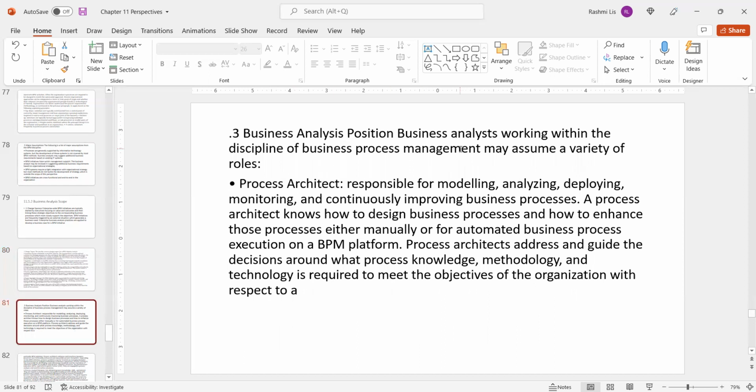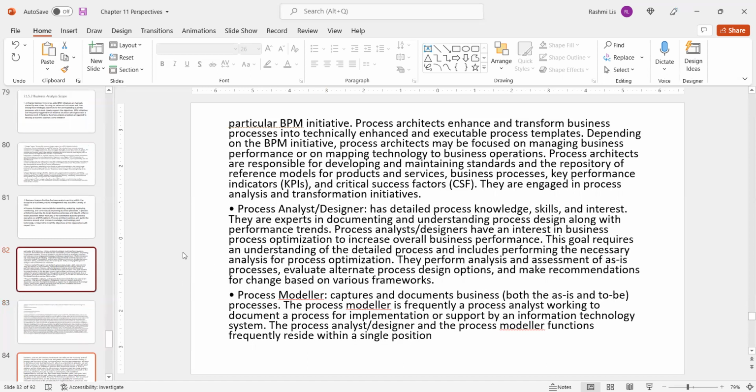Business analysis position. Business analysts work within the discipline of business process management and may assume a variety of roles. They could be a process architect, which is responsible for modeling, analyzing, deploying, monitoring, and continuously improving business processes. They could be process analysts or designers. They could also be a process modeler.